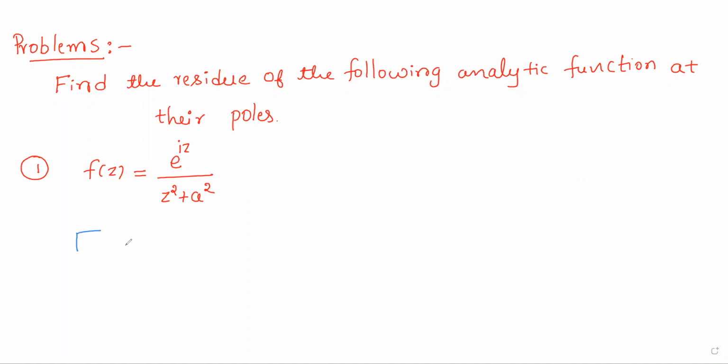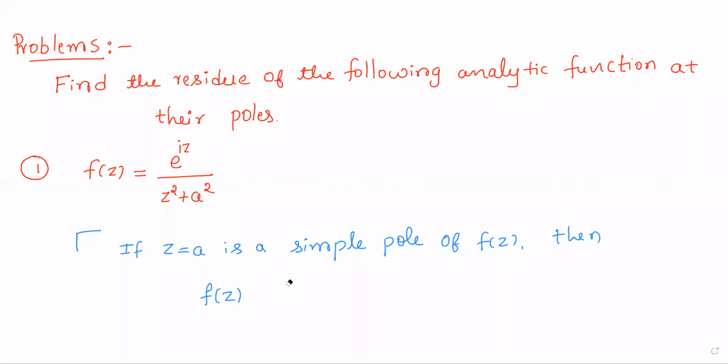If z is equal to a is a simple pole of f of z, then the residue of f of z at z is equal to a is given by z minus a into f of z at z is equal to a.